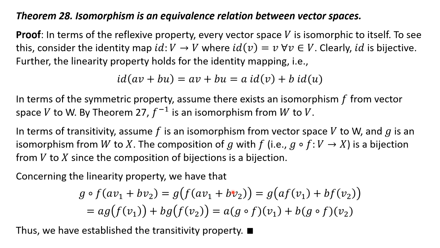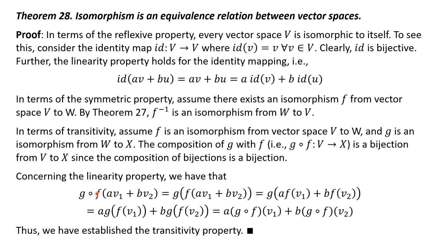And then we expand this out because we know F is, by assumption, an isomorphism, so we can write it like this. And then we know that G is an isomorphism, so we can bring out the A here. And then G of F of v1 is just by definition G of F, and G of F of v2 is G of F of v2 by definition.